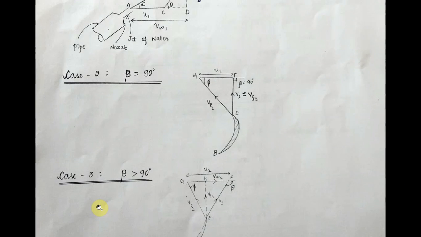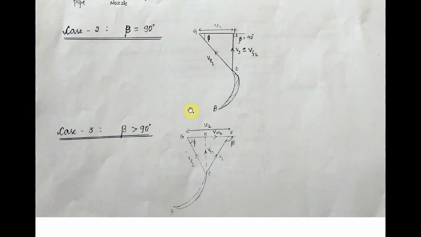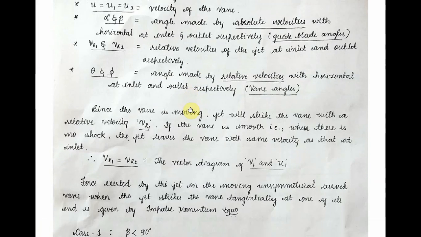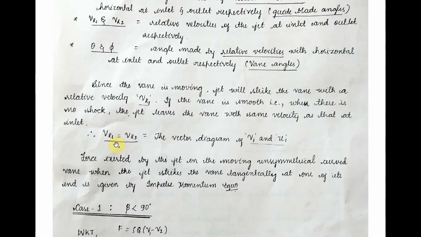So if this vane is smooth, whatever V1 is, that will be V2. If it is rough, then there will be a change in V1 and V2. Therefore Vr1, the relative velocity at 1, is equal to Vr2 in the case of smooth curved vanes. Then the vector diagram of V1 and u1.